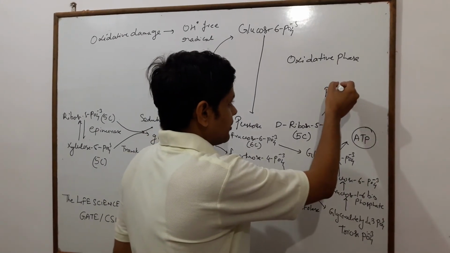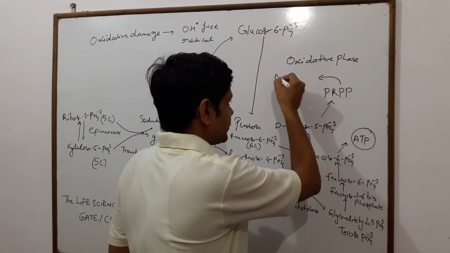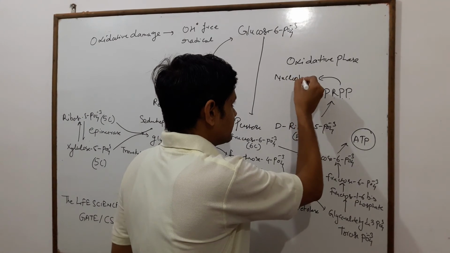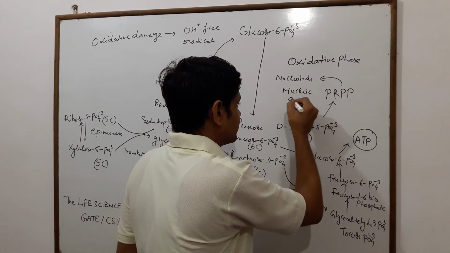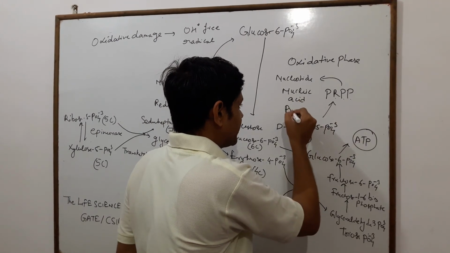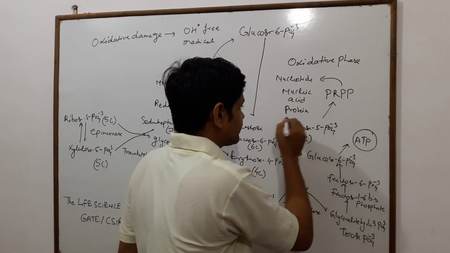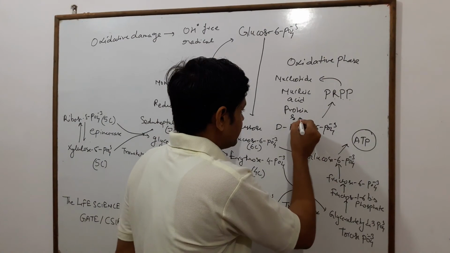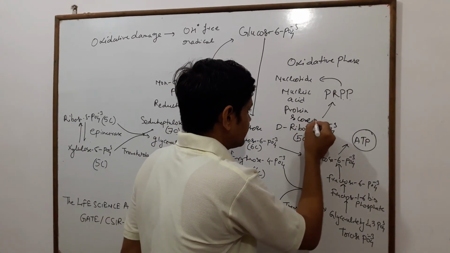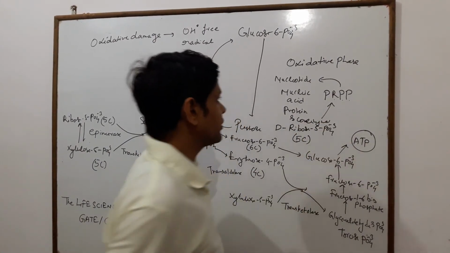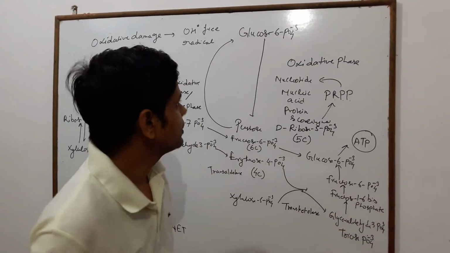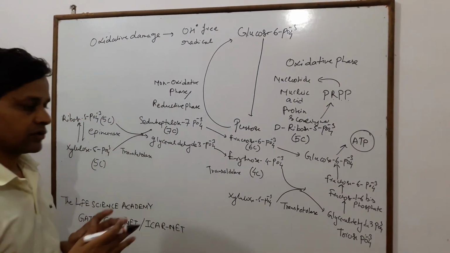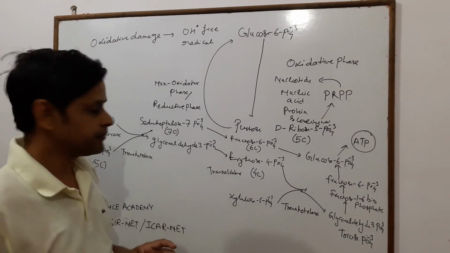This precursor generates nucleotides, nucleic acid, proteins and coenzymes, which are the molecular components of the cell. This is all about the pentose phosphate pathway.